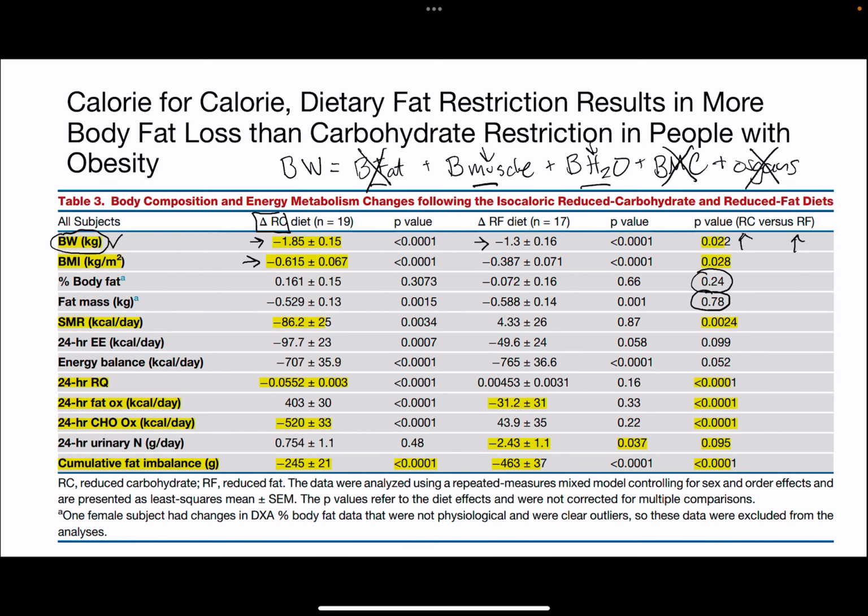Okay. Well, that kind of makes sense because think about glycogen. Glycogen has to be hydrated, and glycogen holds water. If we're on a reduced carbohydrate diet, we're going to use up our glycogen. If we use up our glycogen, we're going to decrease total body water.